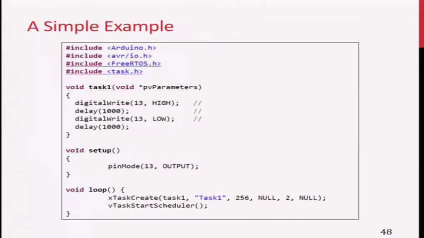So I must actually explicitly start my scheduler. Only when I start my scheduler, then the tasks that are currently in the ready state can go to my run state. Without a scheduler, nothing will happen. It will still be a normal single-threaded application like how you are doing currently. Only when the scheduler comes in, then it becomes a multi-threaded program. So you have to remember, I must create the task. I must also call the start scheduler in order for the multitasking to actually start happening. If not, it is still in a single-threaded environment.